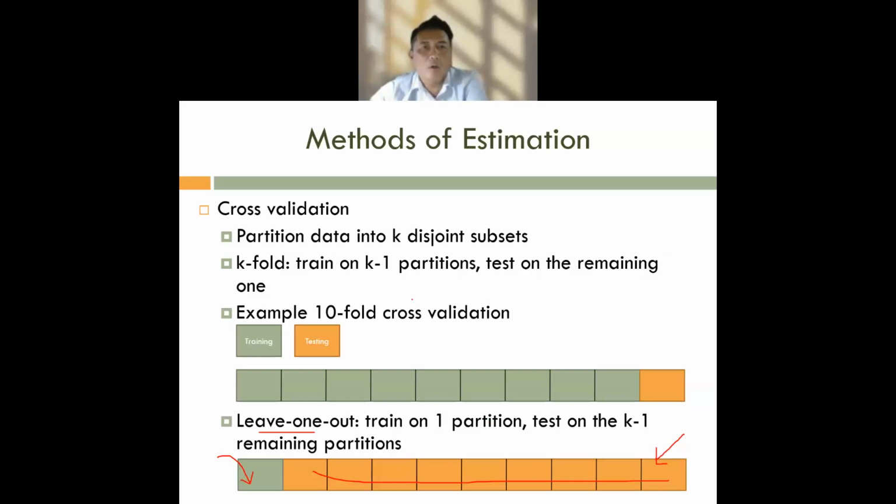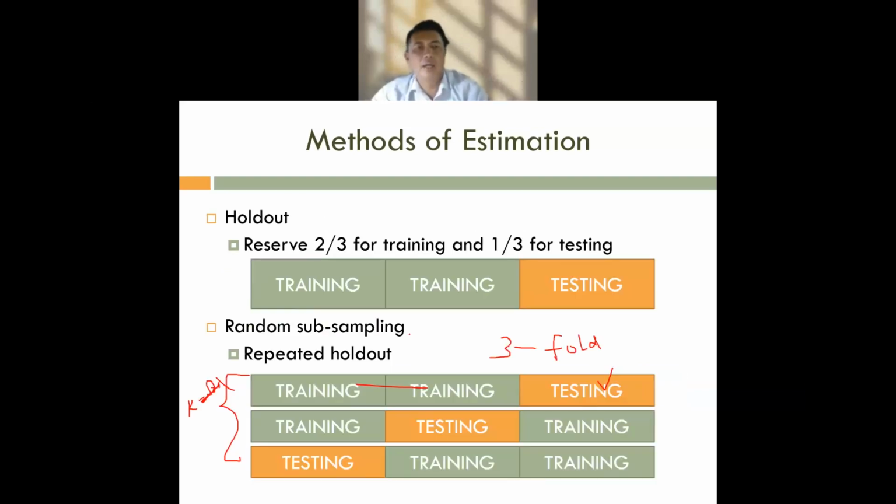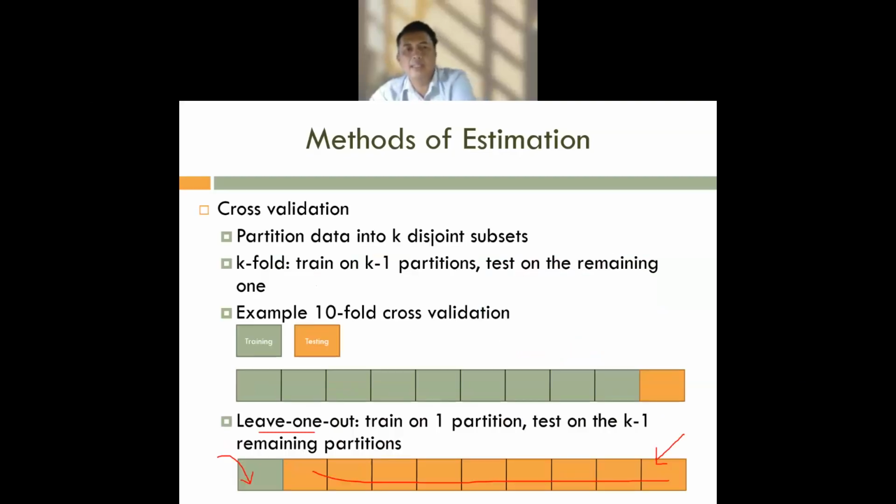All of this we can put in our experimental design: why you choose this, why you do not choose that, and so on. Or you can even compare having cross validation and not having cross validation, and see which one gives you the best accuracy.